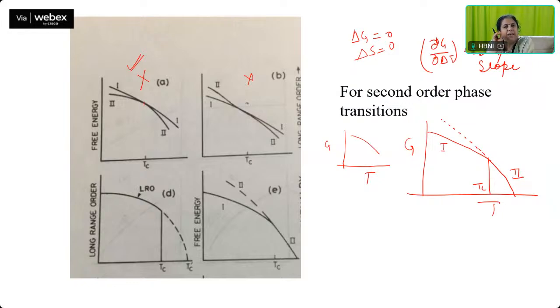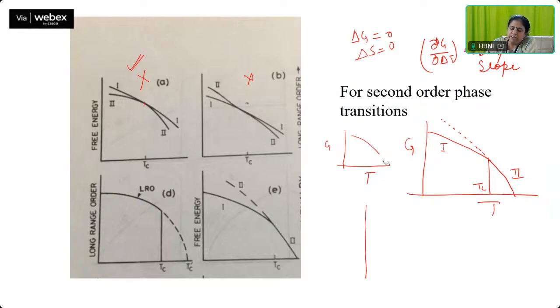This means that any second order phase transition is actually a transition wherein below TC, that phase transition process, whatever mechanism was there, has got over. That is, phase 1 does not really exist below TC. Okay. So that is the difference between first order phase transition and second order phase transition.